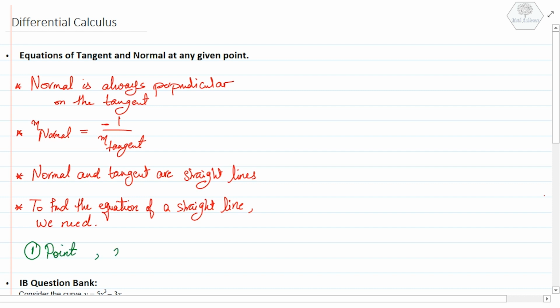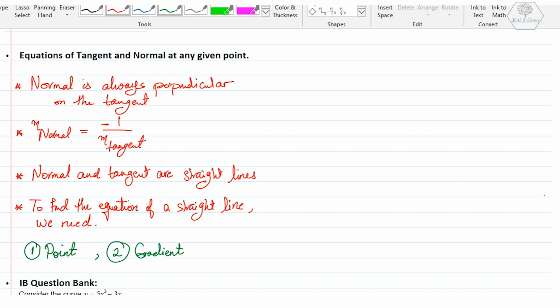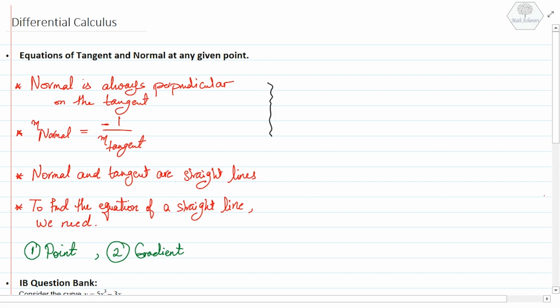And the second thing we need is the gradient of the line. Let's have a simple example now.